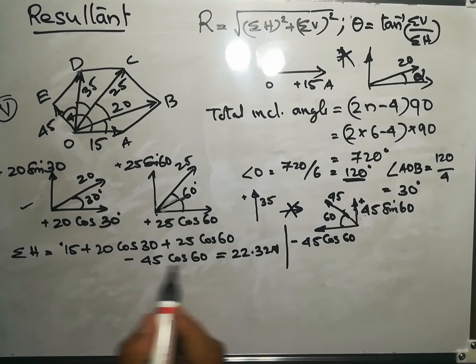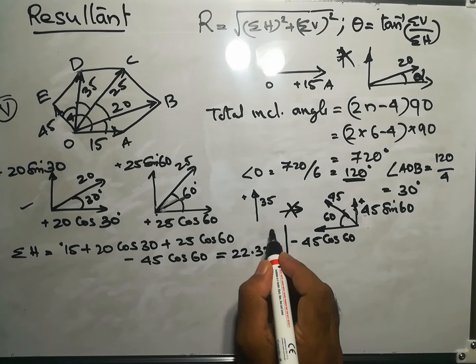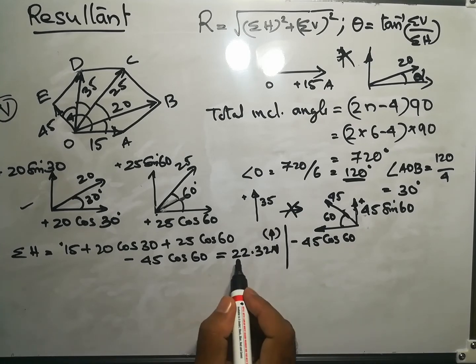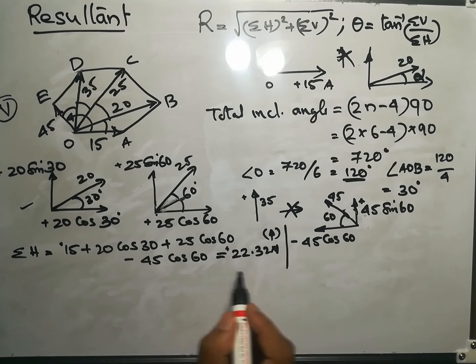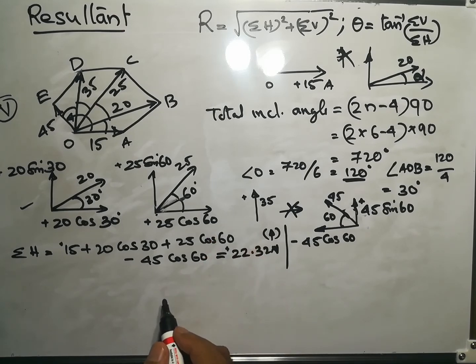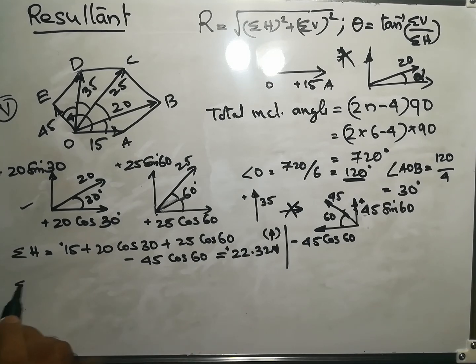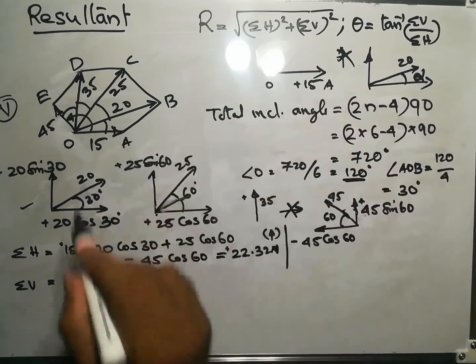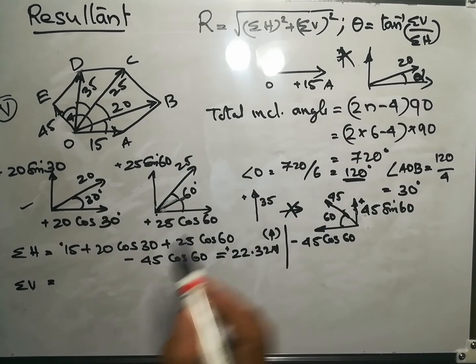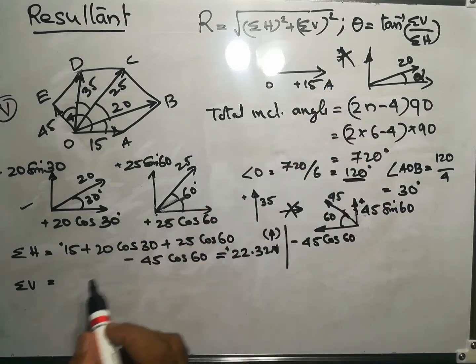It will be in the upward direction, because the sign of the resultant is positive, plus. Then to find sigma V, we need to add algebraically all the vertical components of the forces. For the first force there is no vertical component.